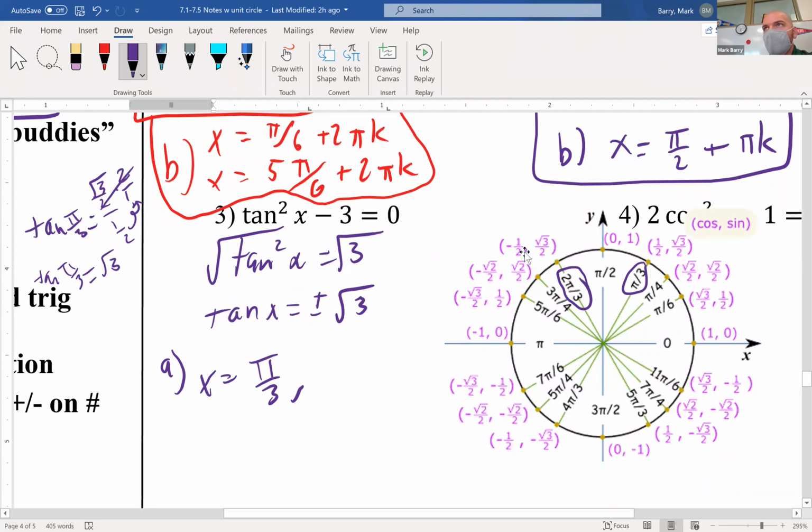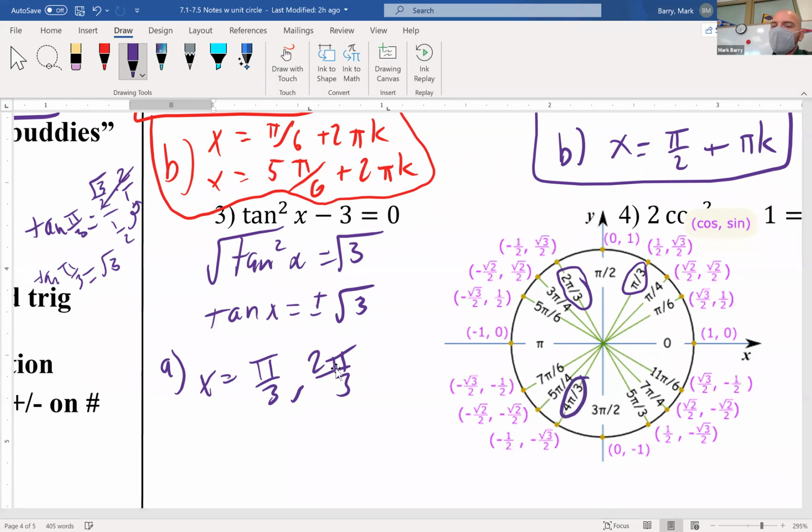Because if you look at the coordinates here, negative 1/2 comma rad 3 over 2, if I did the y over x there, it would be the same as what I did here, except it would come out to negative rad 3. Now, negative rad 3 is okay for me on this problem because I have that plus or minus, correct? Plus or minus means it's okay if it's positive rad 3 or negative rad 3. So 2 pi over 3 would be negative rad 3, but that's still okay.